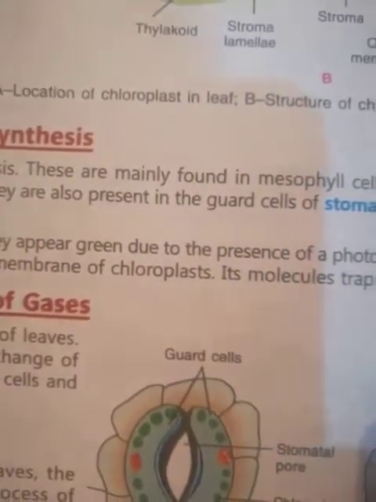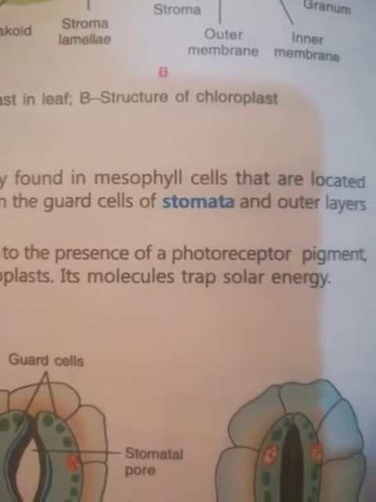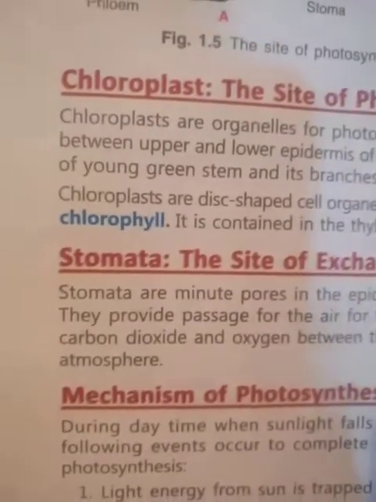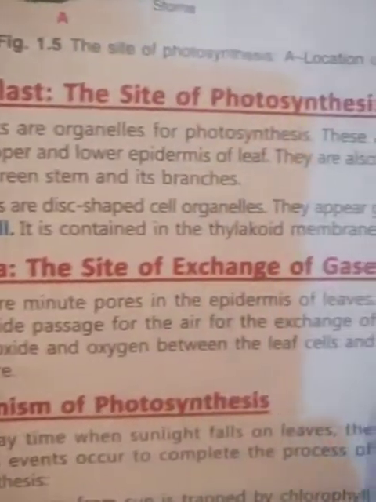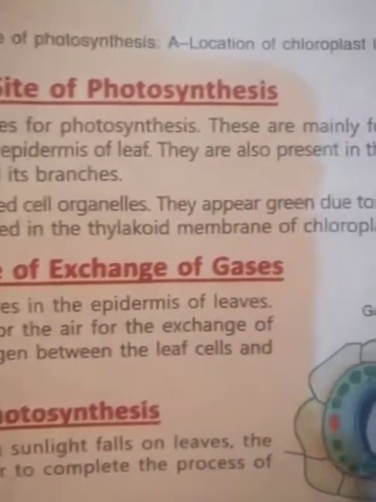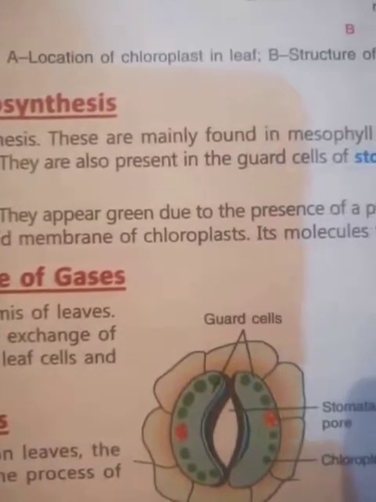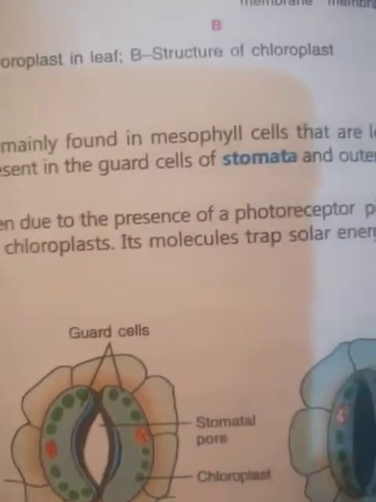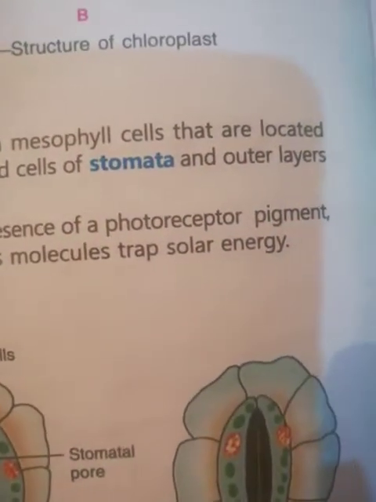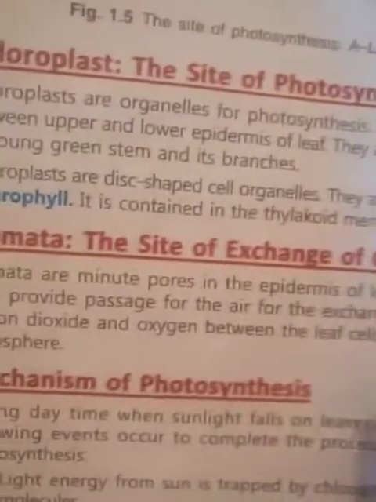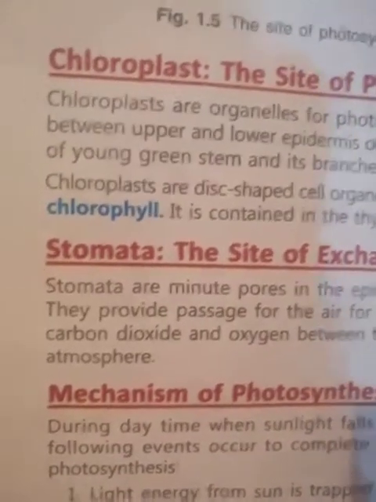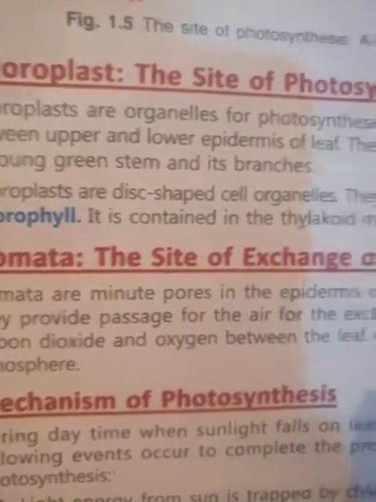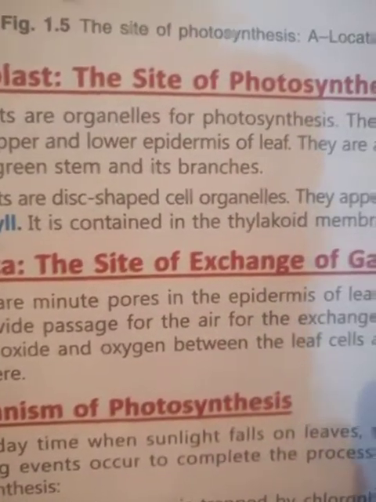These are mainly found in the mesophyll cells that are located between upper and lower epidermis of leaf. They are also present in the guard cells of stomata and the outer layer of young green stem and its branches.